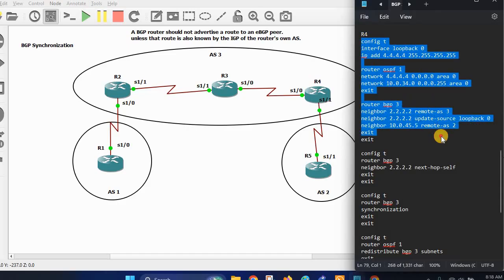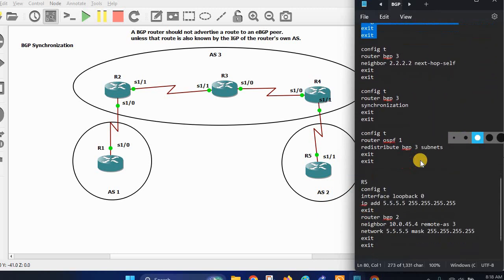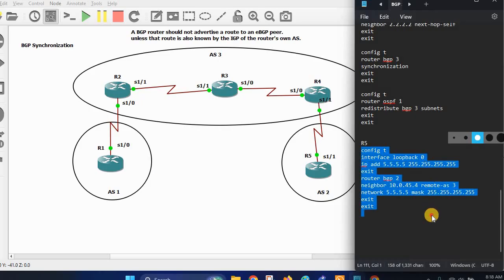This is the R4 configuration: we configure the loopback and OSPF, advertising the directly connected networks, and in BGP we make R2 a neighbor using the loopback interface, and R5 as AS2. R5 is the same: we configure the loopback to check reachability, make R4 a neighbor in AS3, and advertise the loopback in BGP.